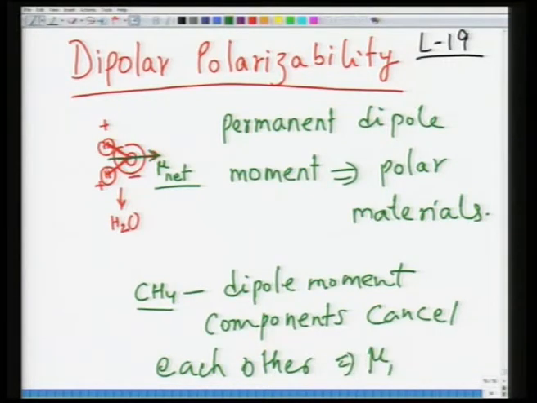That means mu net is equal to 0. So a symmetric molecule like methane will not have a dipole moment, but an asymmetric molecule like water will have a dipole moment. That is why materials having a permanent dipole moment are called polar materials, and materials which don't have a permanent dipole moment are called non-polar materials. This is just a definition which you must remember.